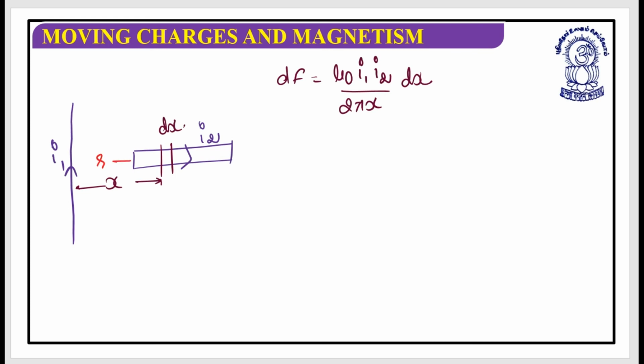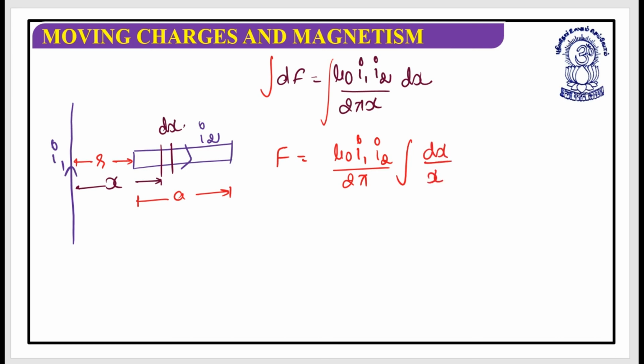As I understood, this distance is r, and the length of this finite conductor is a. If I integrate both sides, on the left I get F, and on the right I have mu naught I1 I2 divided by 2 pi outside, and I need to integrate dx by x. From where to where?